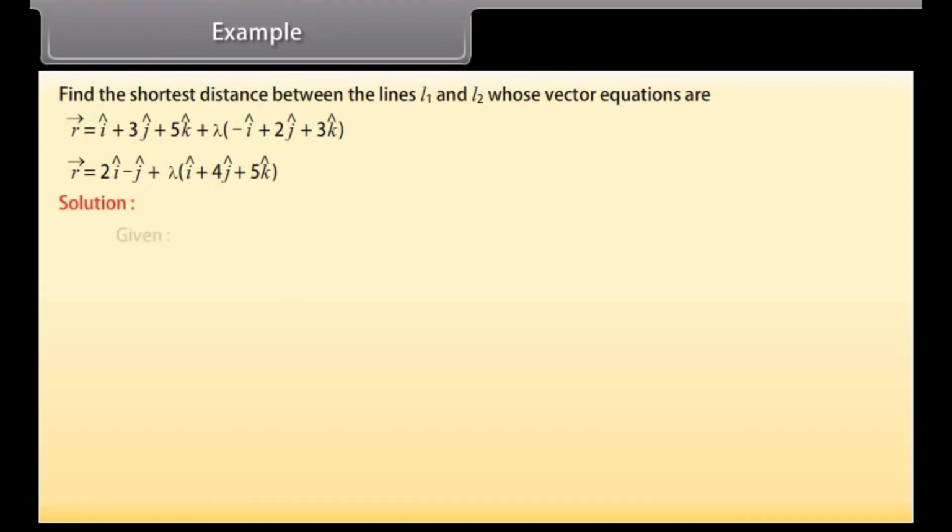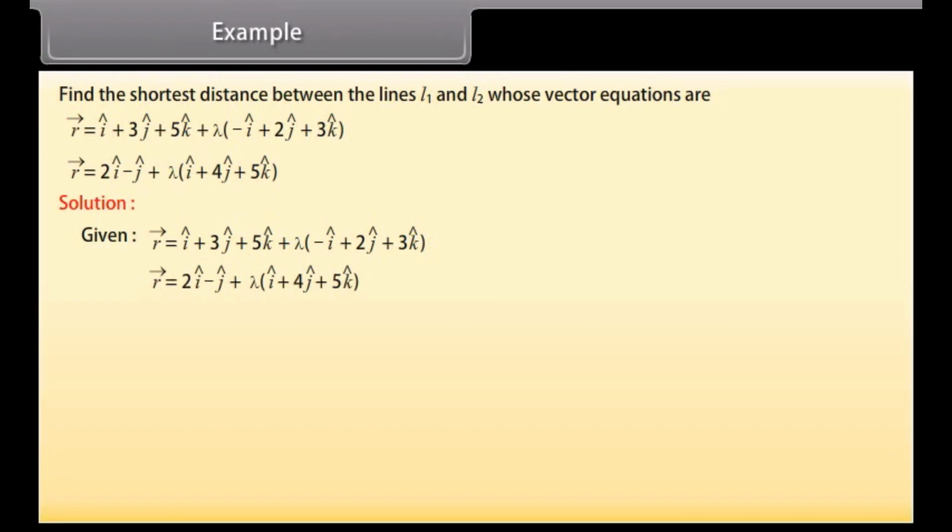Solution. Given vector r equals i cap plus 3 j cap plus 5 k cap plus lambda (minus i cap plus 2 j cap plus 3 k cap), vector r equals 2 i cap minus j cap plus mu (i cap plus 4 j cap plus 5 k cap).